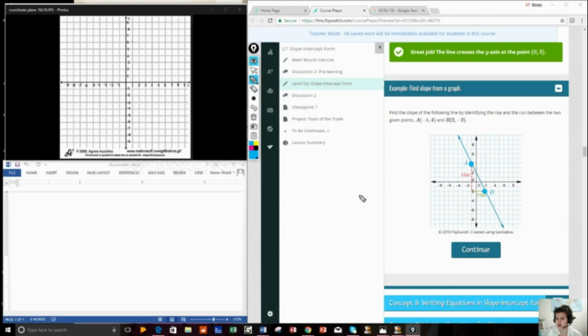So if I remember back, slope is the rise and the run. It's that ratio between the rise and the run. And slope is typically, traditionally, represented by m. So I'm going to write it over here. M equals, well, how far up did I go? So 1, 2, 3, 4, 5, 6.